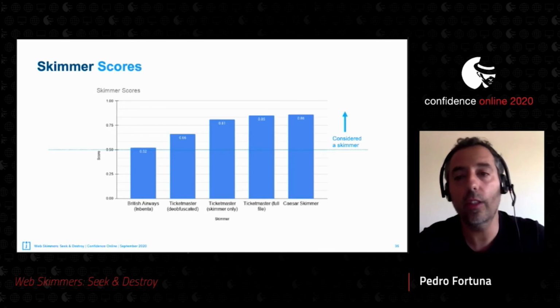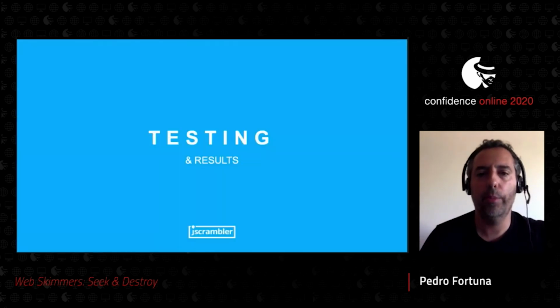So it's very easy to run this through thousands or even millions of files. We don't need to run a browser. We don't need to do dynamic analysis. So it's very cheap to run this classifier, and the results are very promising.